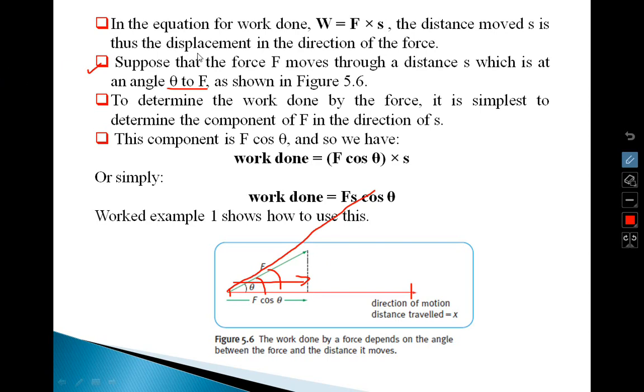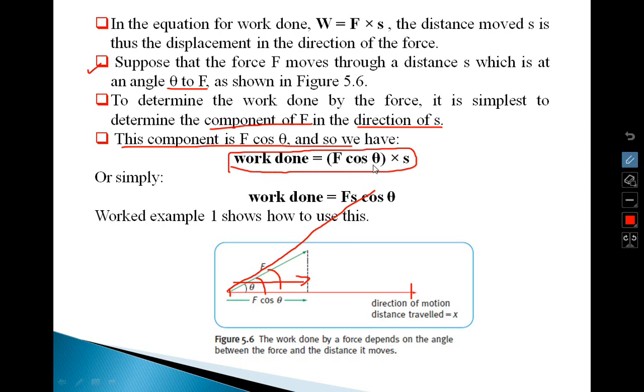To determine the work done by the force, it's easy to determine the component of F in the direction of S. As we have discussed before, the component of F is F cosine theta. So the work done is F cosine theta times S.